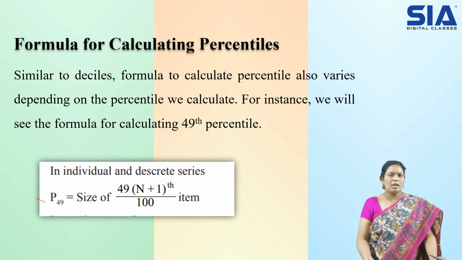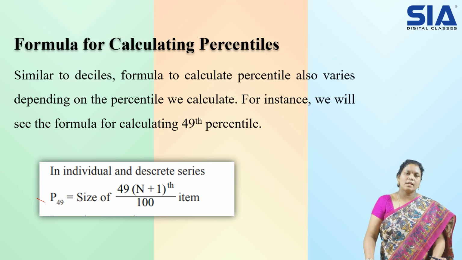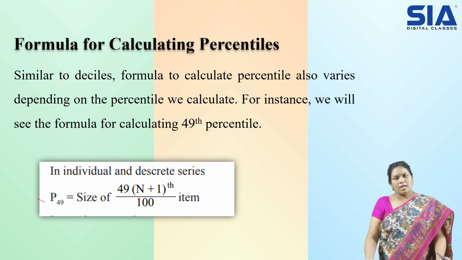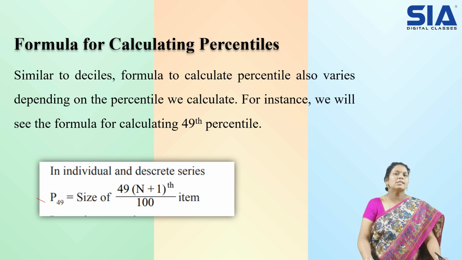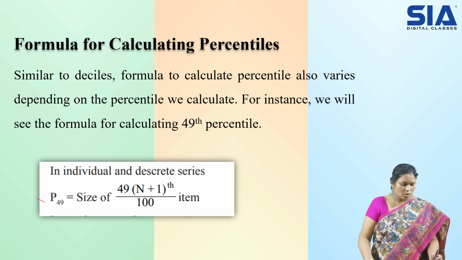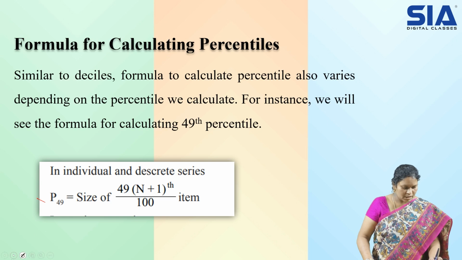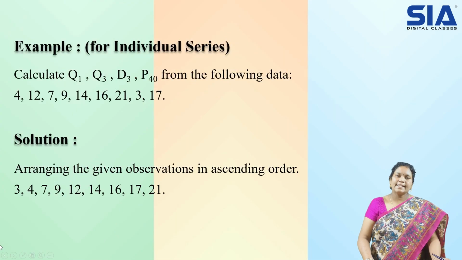So divided by 100. Whatever number you have, like P10, you have 10 into; P20, you have 20 into. Divided by 100 every time. N plus 1 remains the same for median, quartiles, deciles and percentiles. Okay, so these are the formulas for individual and discrete data.